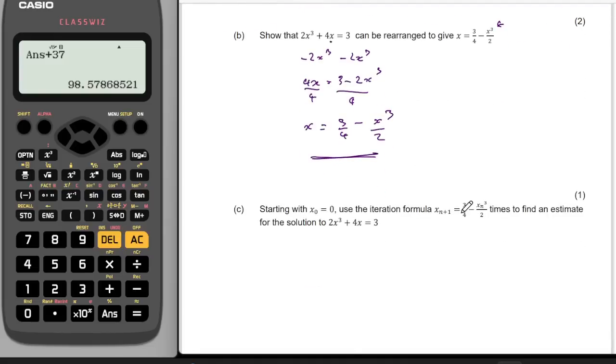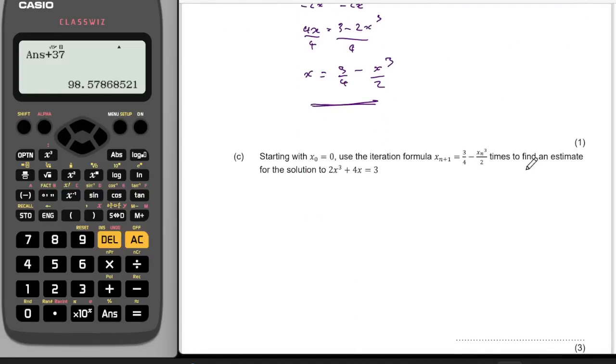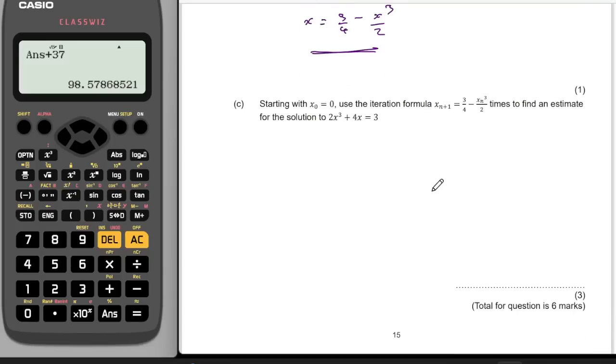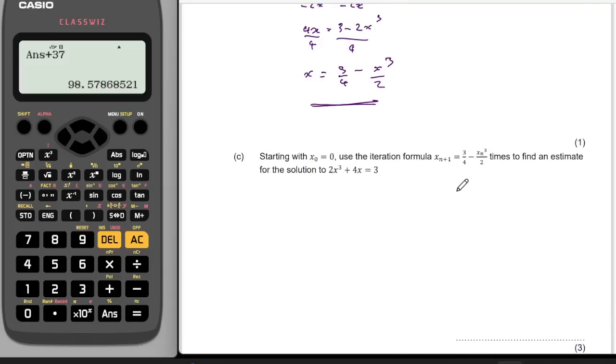Starting with x is equal to 0, use the iterative formula to find an estimate for the solution. I think that there's a word missing from this question.